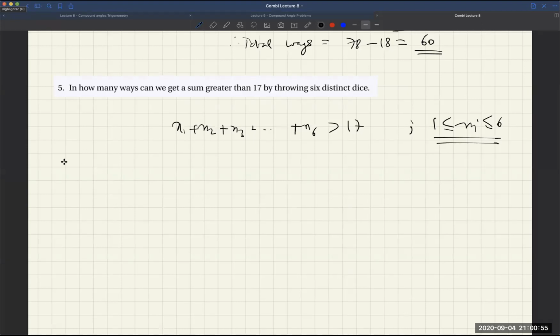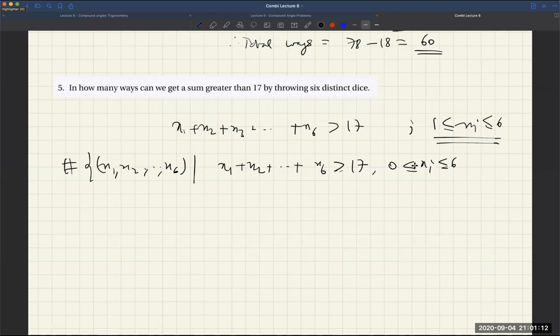See, here we want to find this, na, the tuple x1, x2, x3 to x6, such that x1 plus x2 and so on till x6 is greater than 17 and xi is less than equal to 6, greater than equal to 1. This is the problem.